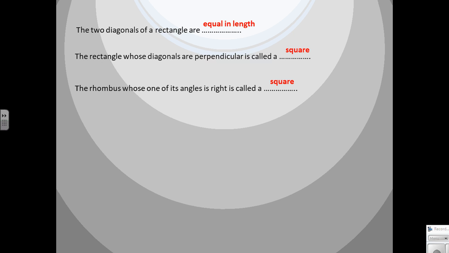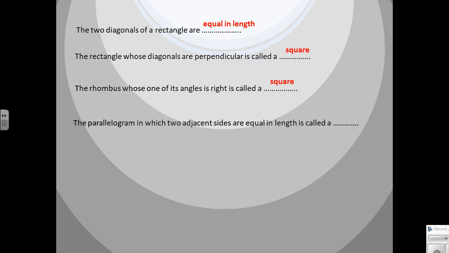Why? Because the rectangle is under the parallelogram. But here, the rectangle is beside the rhombus, so we can't put the rectangle. We must put the lower shape. So the answer will be square, because square is below rhombus. Okay.